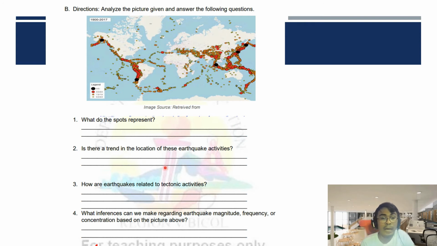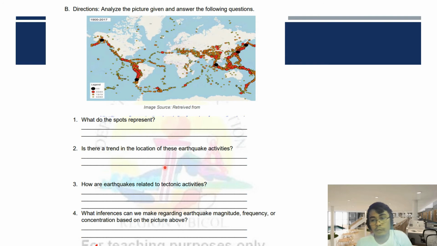Okay? Number 3, how are earthquakes related to tectonic activity? What do earthquakes have to do with tectonic activities, or the movement of the plates? Is there a direct relationship or not? And number 4, what inferences can we make regarding earthquake magnitude, frequency, or concentration based on the picture above?